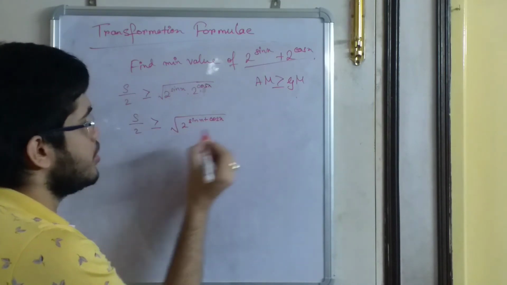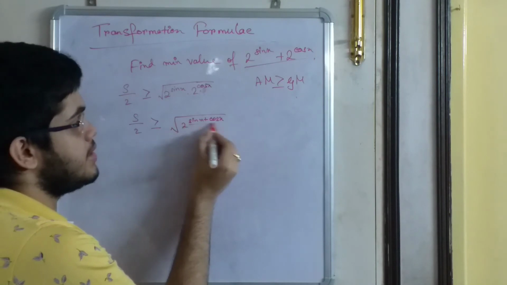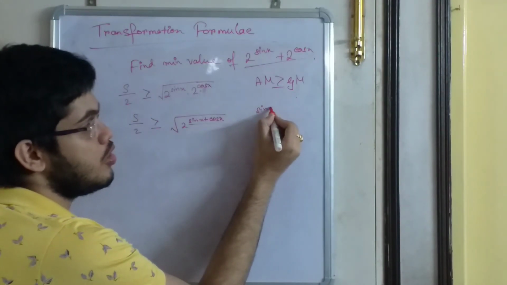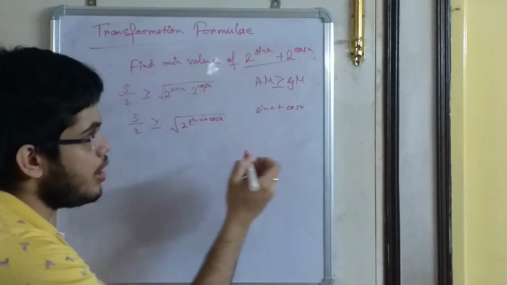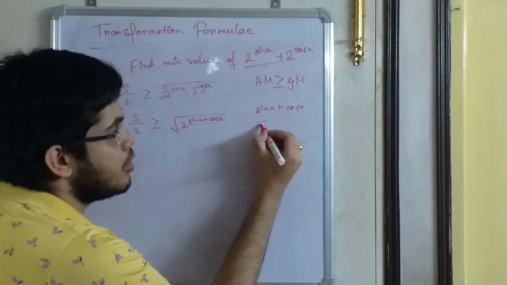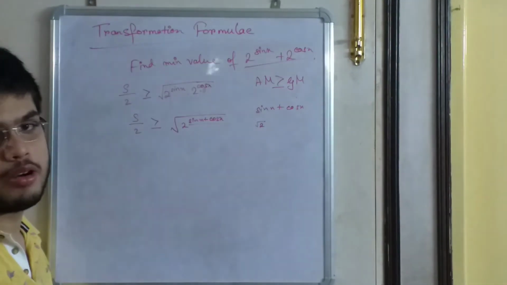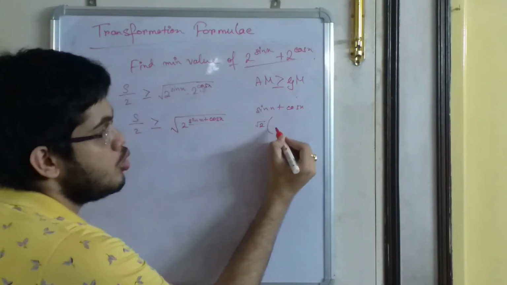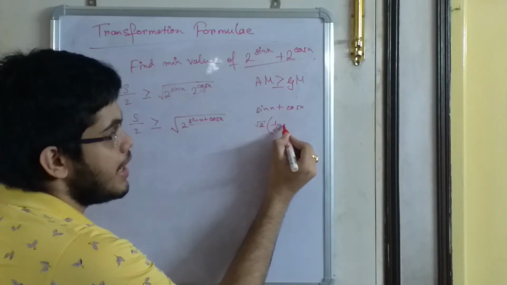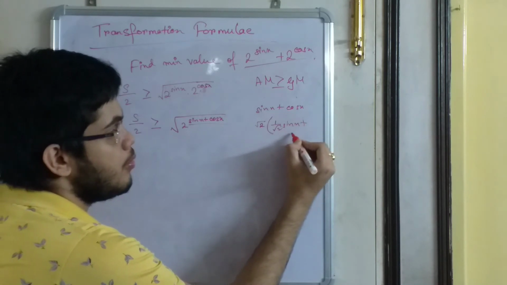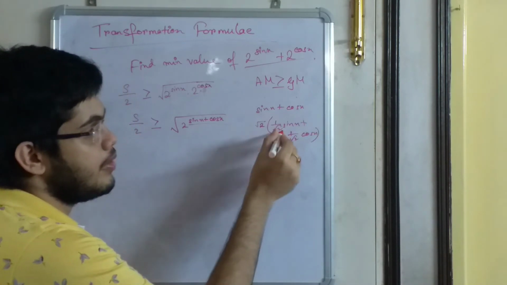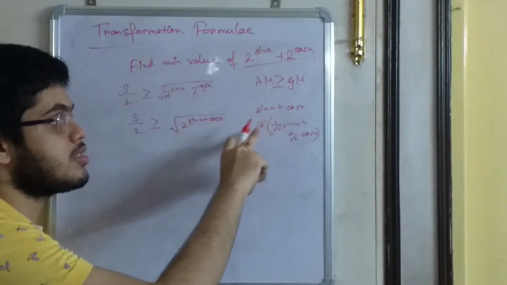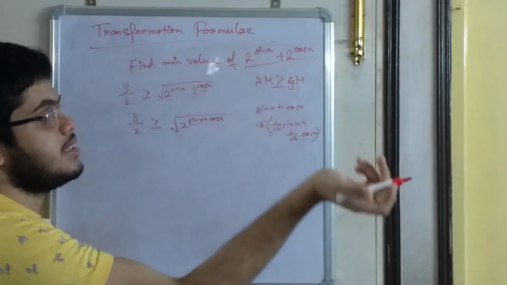Okay, now see, sin x plus cos x. If we multiply and divide by root 2, we can write it as root 2 into (1 by root 2 sin x plus 1 by root 2 cos x), and this we can write as sin x cos pi by 4 plus cos x sin pi by 4.